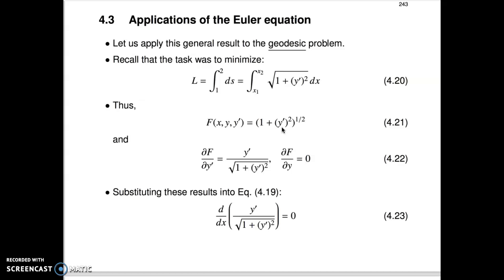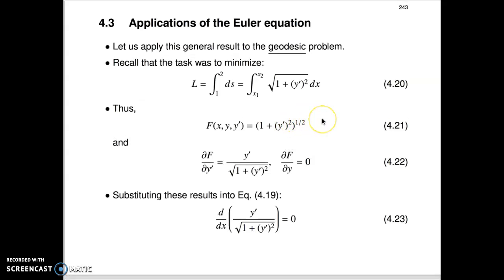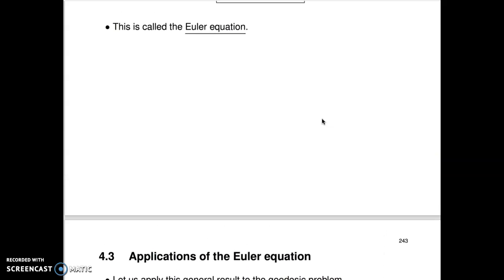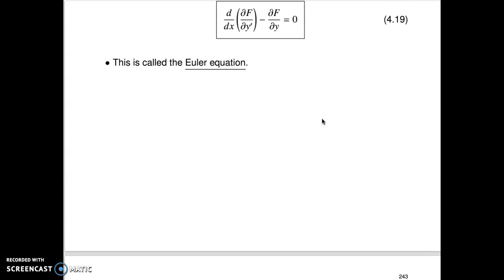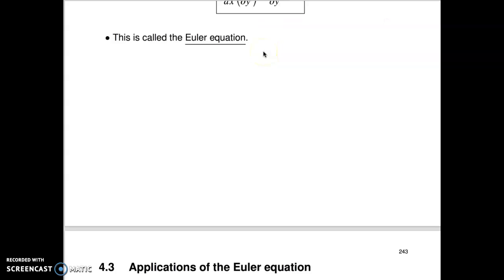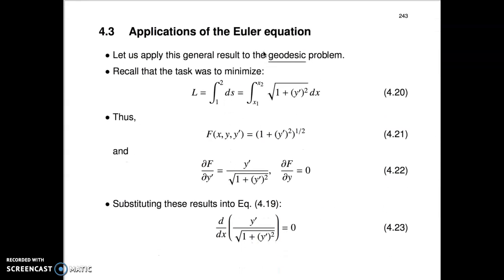Okay, so we're going to do what? We're going to use the Euler equation. There's the Euler equation. So what I need to do is to take the derivative of big F with respect to y, treating y as a variable. Also take the derivative of big F with respect to y primed. And that we will also take the derivative with respect to x. Okay.